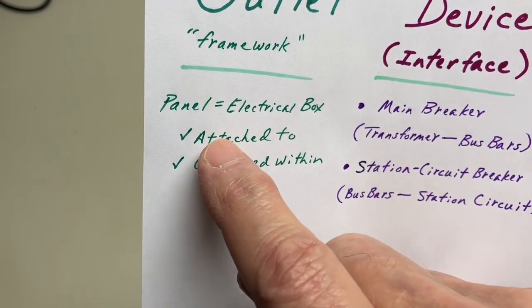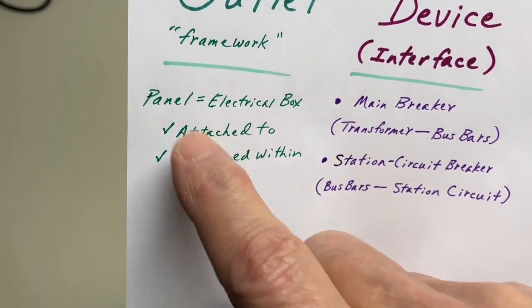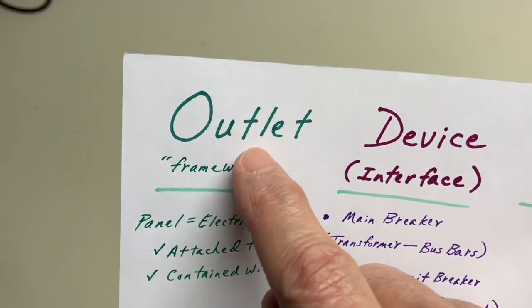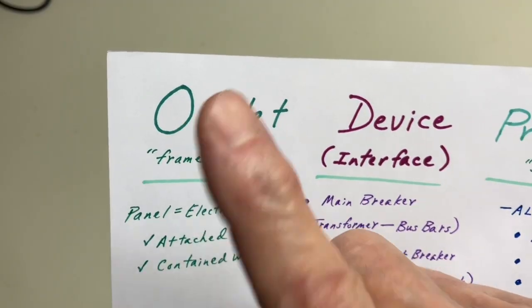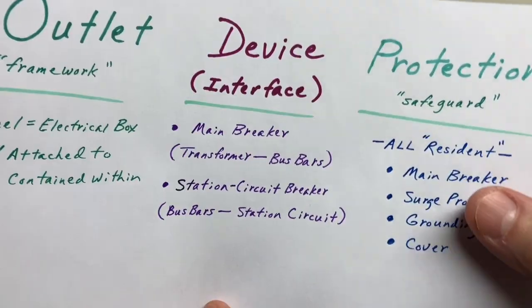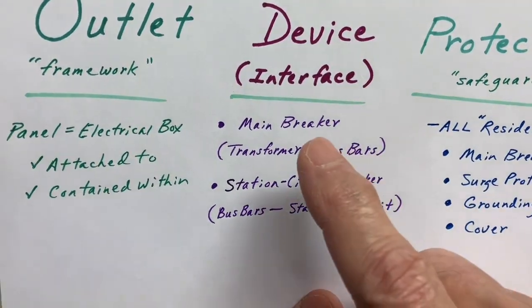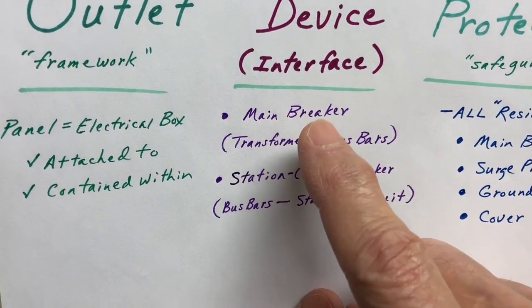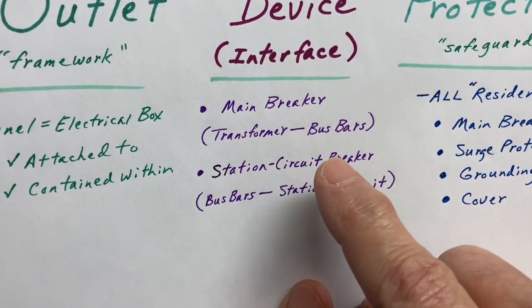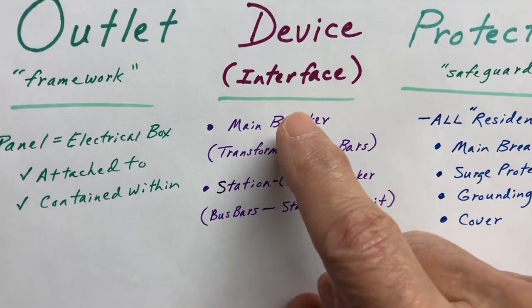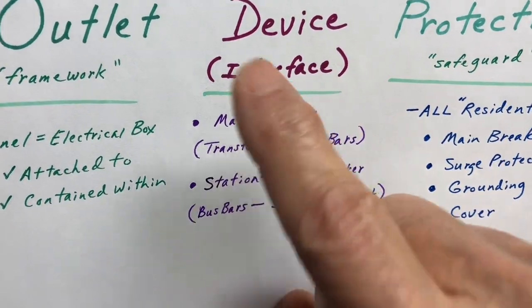The things that are attached to the panel and contained within the panel give you the outlet. So the outlet is obvious and clear. Are there any devices or interfaces? Well, you have your main breaker and you have your station circuit breakers. You would call them branch circuit breakers, right? So you have an interface aspect.